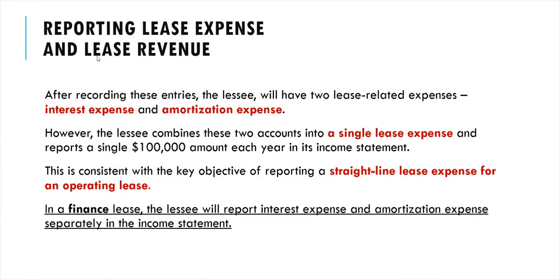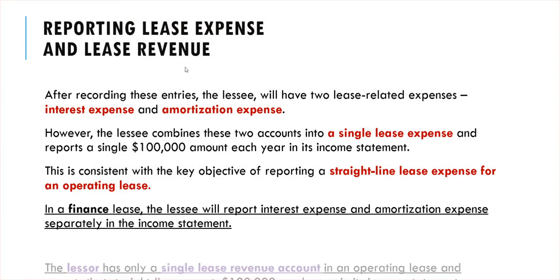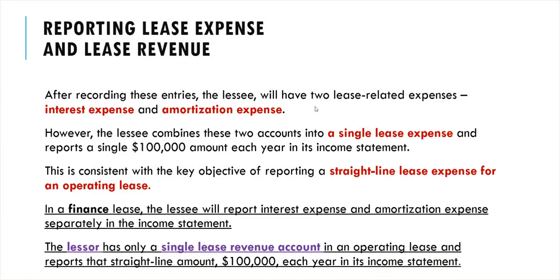So lease expense and lease revenue. The lessee has two related expenses, interest expense and amortization expense, and these are the two rent expenses. They combine to equal an amount. And these two need to add up to the amount of the payment if you're under an operating lease.